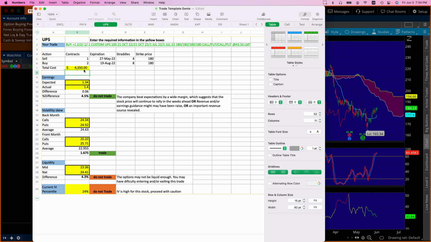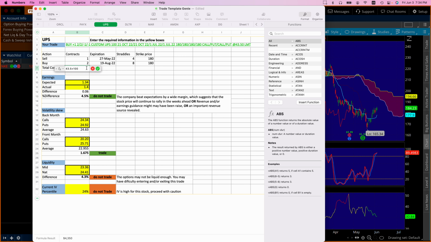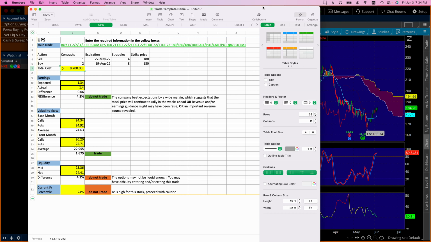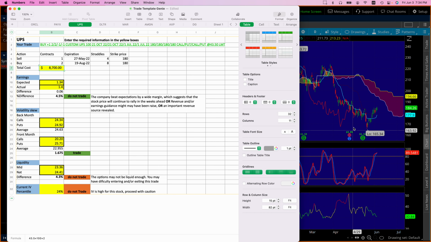Because I have more than $100,000 value in my account, I can do twice that much, so I multiply times 2, and that's $8,700 for this trade.